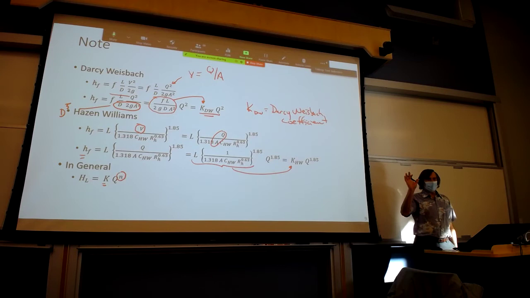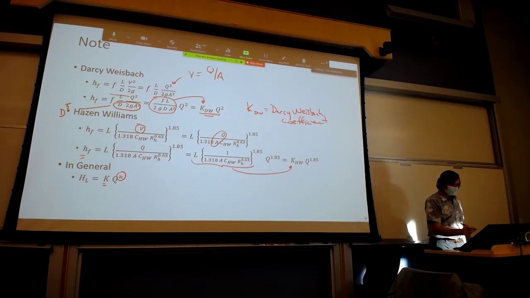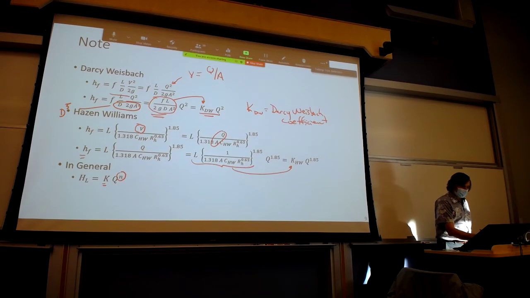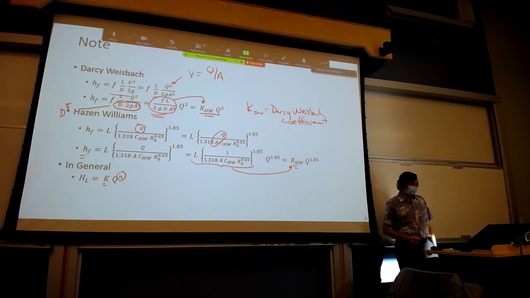If it was just friction losses, that power would be 2 for the Darcy-Weisbach equation, and it would be 1.85 for Hazen-Williams. And the K values would be K_DW up above, or K_HW, which you see also above.